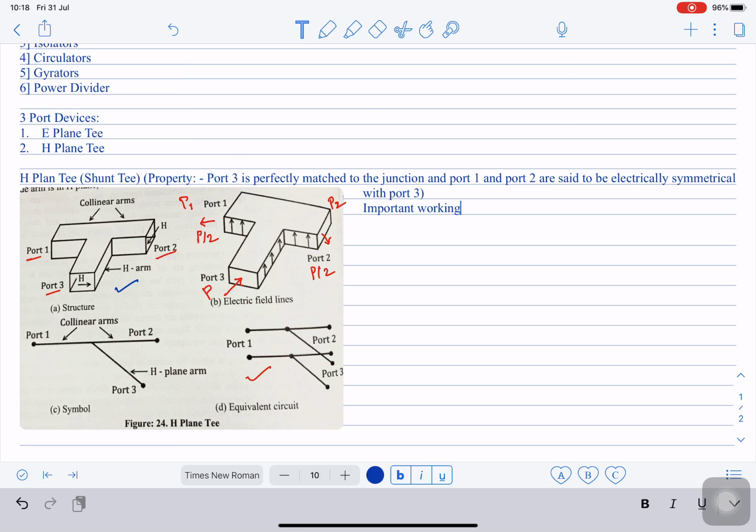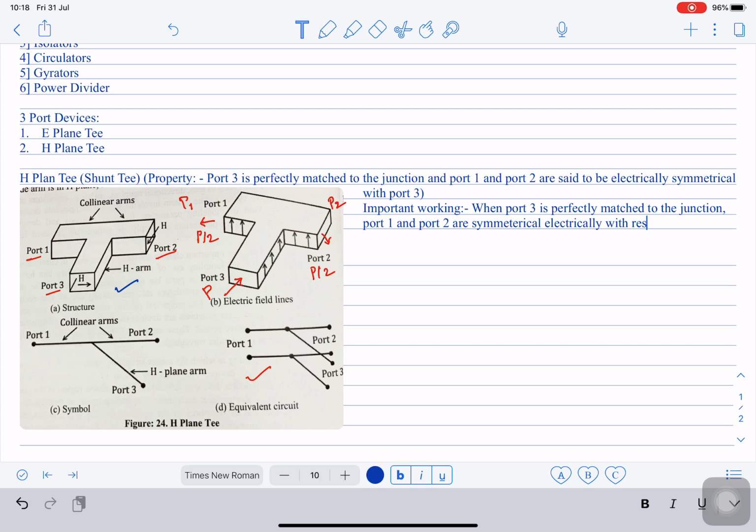Here I will write the property of the H plane T, its important working. How does this device work? When port 3 is perfectly matched to the junction, provided this condition, port 1 and port 2 are electrically symmetrical with respect to port 3.